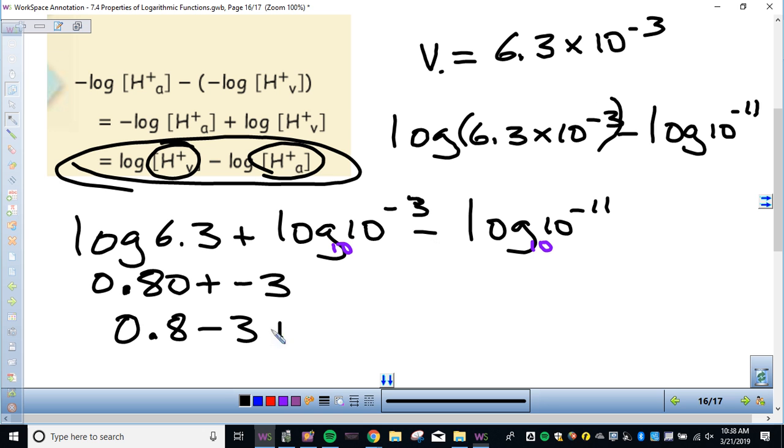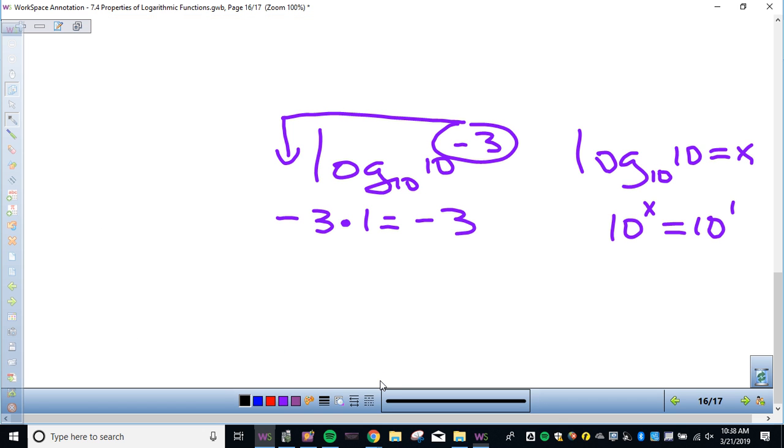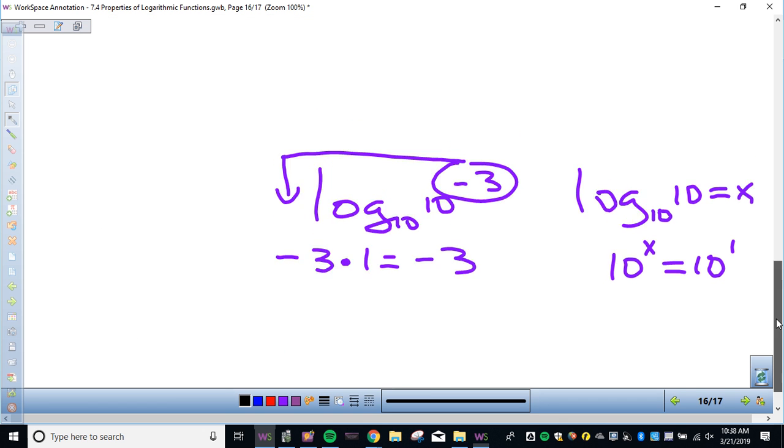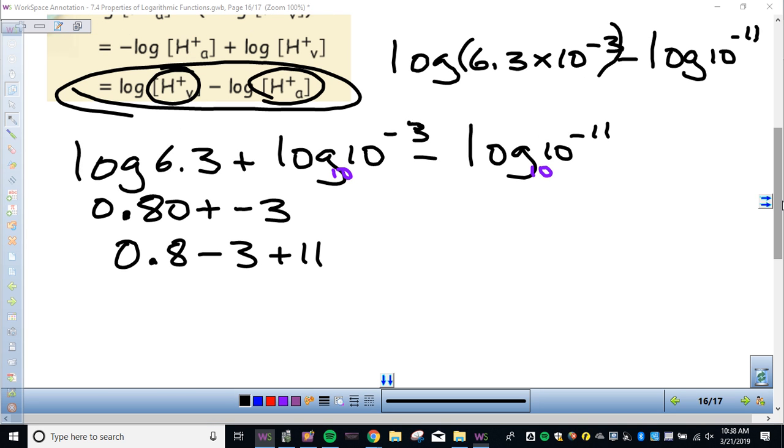So plus 11. Yeah. But you would have to show me some more steps, right? Like you hitting buttons on a calculator, they can do over at the elementary school. You got to actually show me some steps to get full credit. Okay? So you get 8.8, and we're talking about the pH level, right?